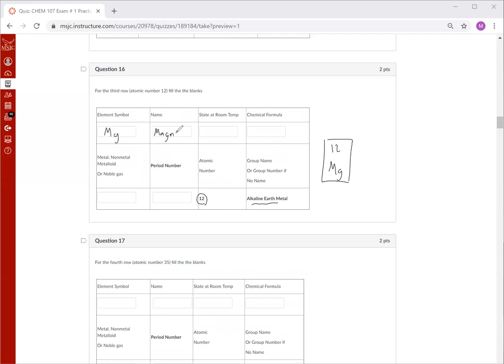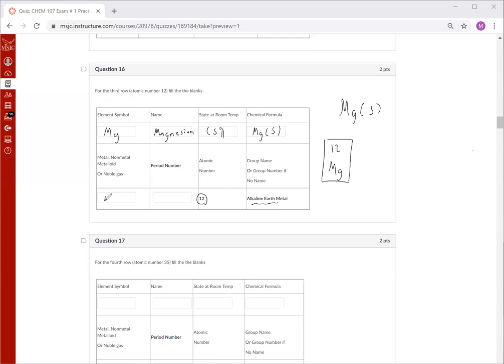We write the name. Okay, magnesium being a metal, what is its physical state going to be at room temperature? Solid. Yep, exactly right. And then its formula, will it be atomic or polyatomic if it's a metal? Atomic? Yep, exactly right. So its formula would just be Mg solid.